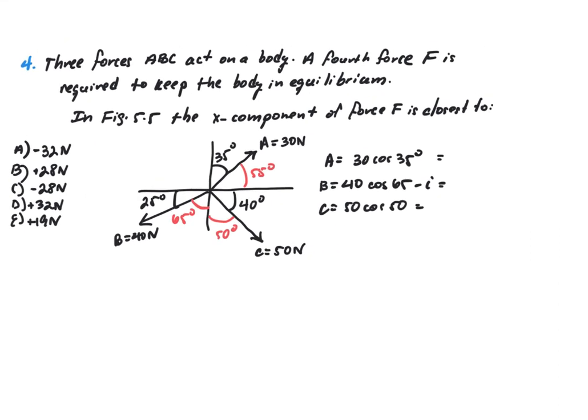So when we get these values, we get 30 cosine of 30. Not, you see, I messed up.